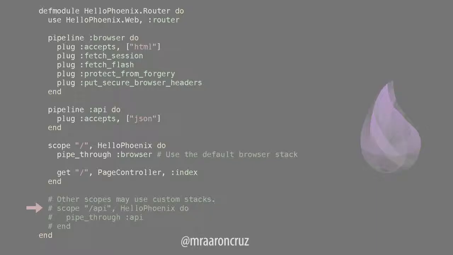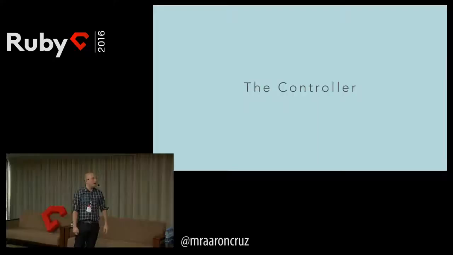Plug is really similar to Rack, and these are kind of middlewares that it uses. So you can see with the browser pipeline that it accepts HTML, sets up your Flash session, things that you wouldn't need for a JSON API, for example. So that's why down here we have this scope for API, where we could also create an API pipe.